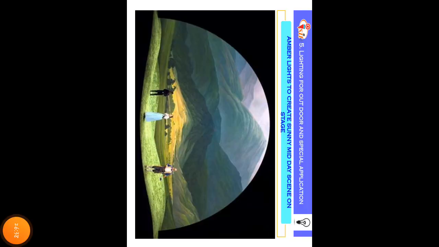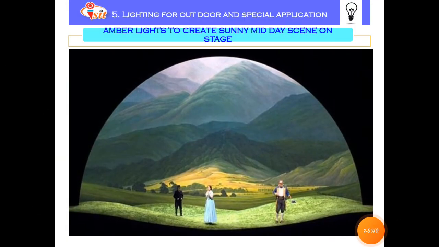For stage lighting, various visual effects are used in drama as well as in the plays performed on the stage. The illuminator plays a very important role in creating a scene accordingly.